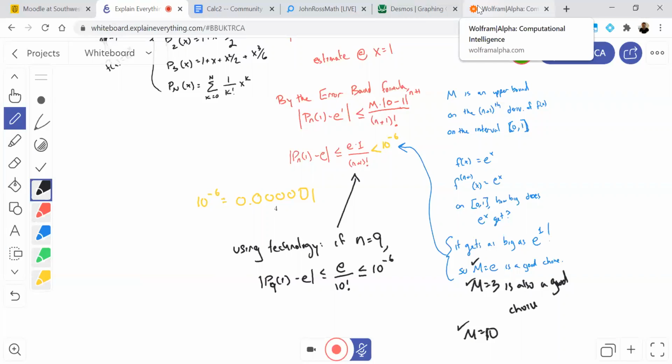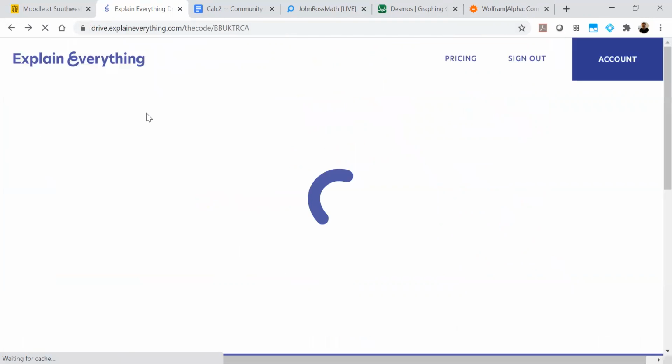All right. Well, let's go ahead and back out of this sheet and move into the next sheet, which was our bigger goal for today. This is the sheet on Taylor series.